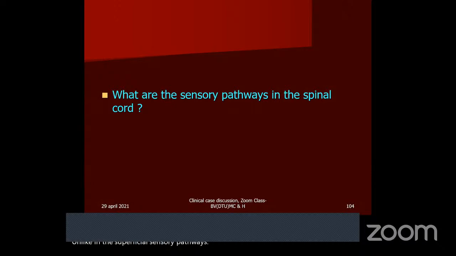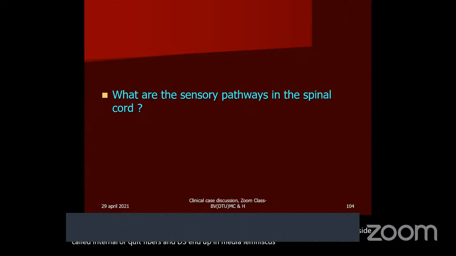It ascends up in the posterior column up to the cuneate and gracilis nucleus at the end of the spinal cord. The second order neuron then arises, crosses to the opposite side called internal arcuate fibers, and they ascend up in the medial lemniscal pathway and reach the parietal lobe for processing.